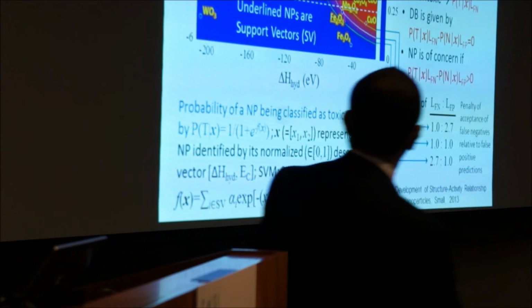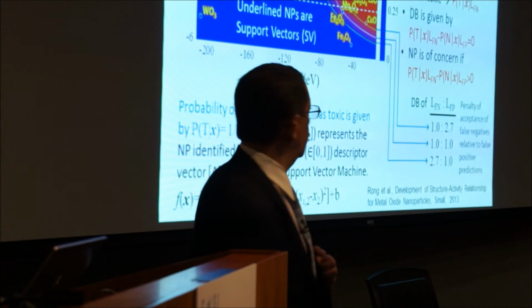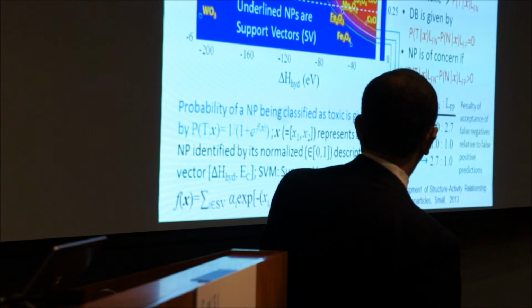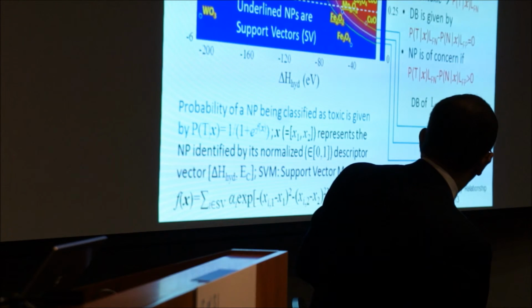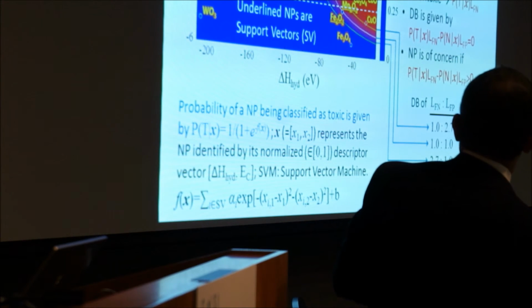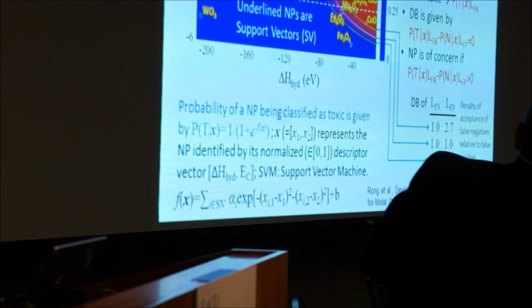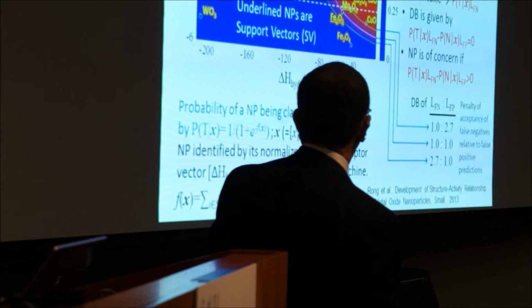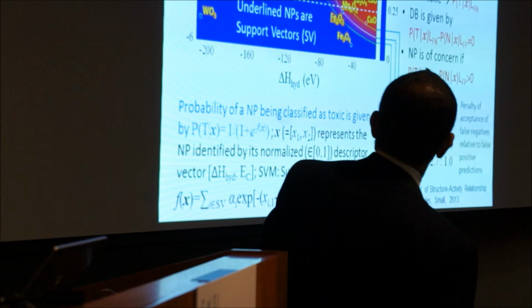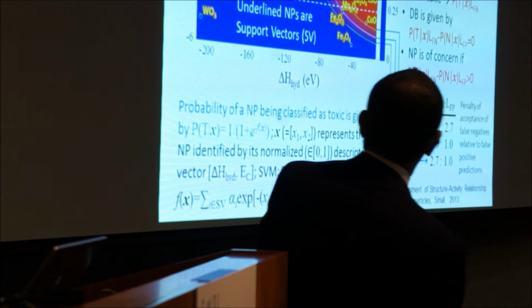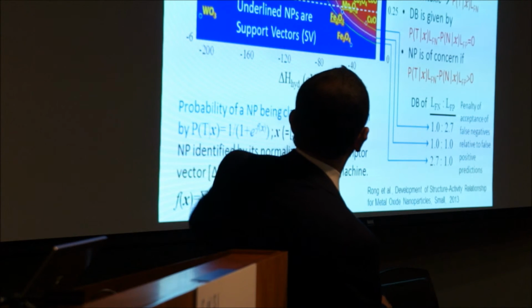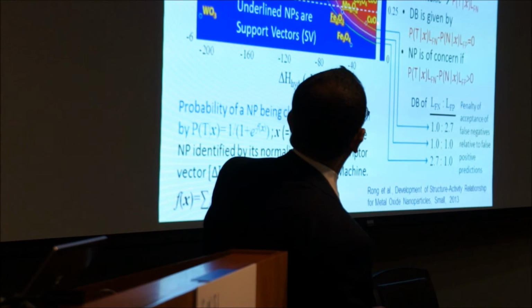So in this case, I'm looking at the metal oxides that Andre described to you, and this is work that is actually in Nanoscale, currently in press. Basically, this is a probability map.